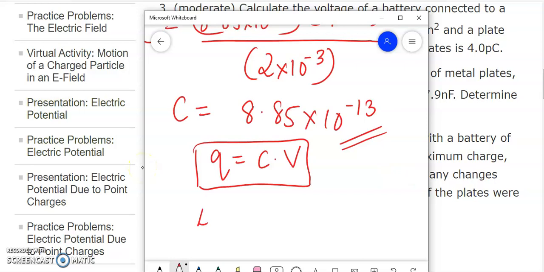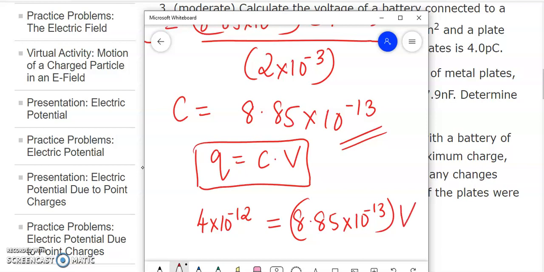So 4 into 10 raised to minus 12. And then your C is 8.85 into 10 raised to minus 13. But your voltage is not known. You need to find your voltage.